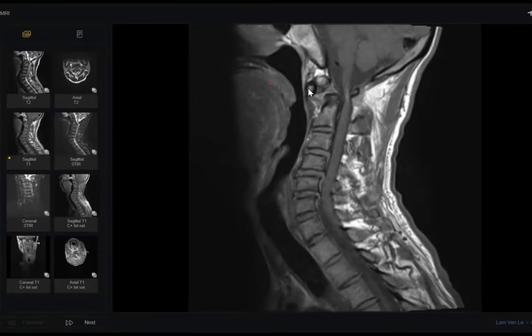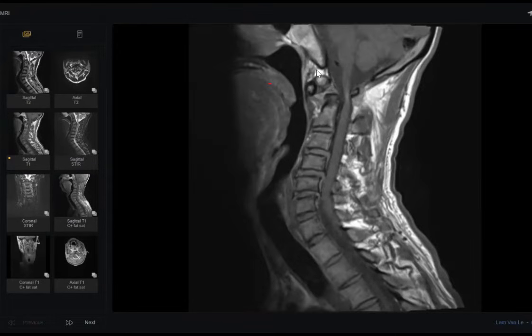There is definitely an increase in the distance between the first cervical arch and the second vertebra, and there is no evidence of any pannus formation. So this is a case of atlantoaxial subluxation, and the arch has moved anteriorly, and the distance is increased from 3 millimeter.